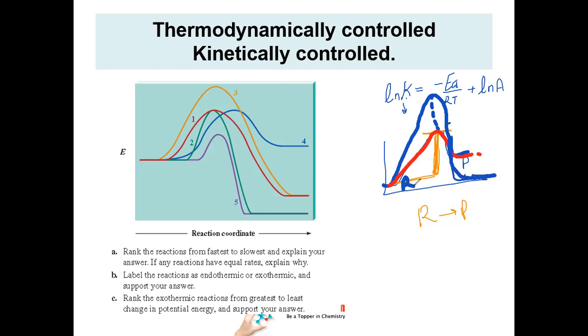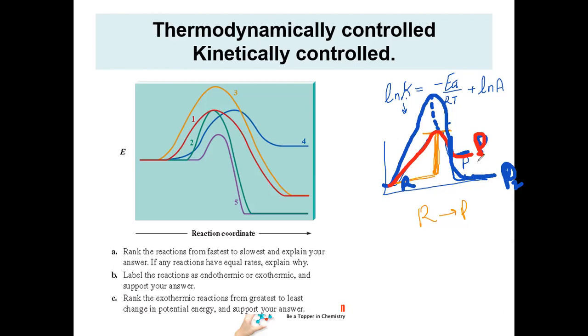This is the reactant and this is the product for the red reaction, and this is the product for the blue reaction, right? Which product is more stable? The red or the blue? Which product has less energy? Blue. So blue is more stable, Sanvi.